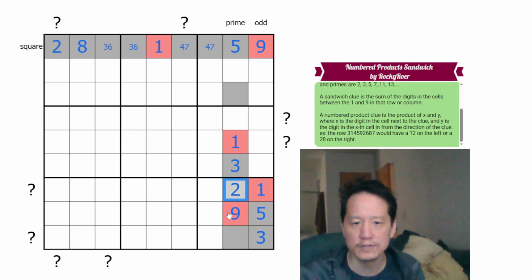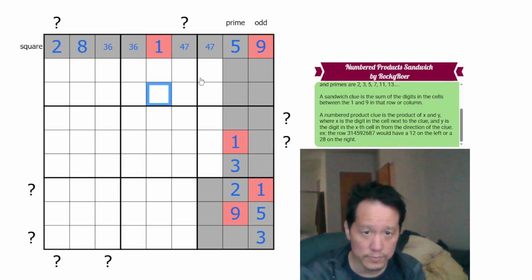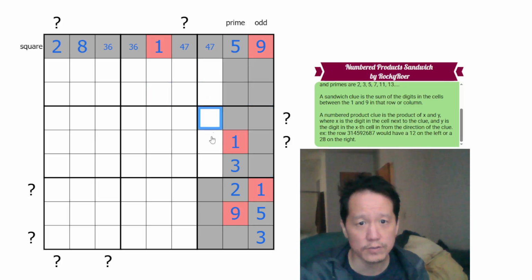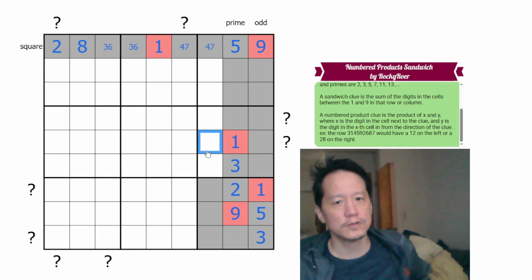So none of these can be the bread part of the sandwich clue. And this can't either. So one of these is a bread clue. One of these is a bread clue.